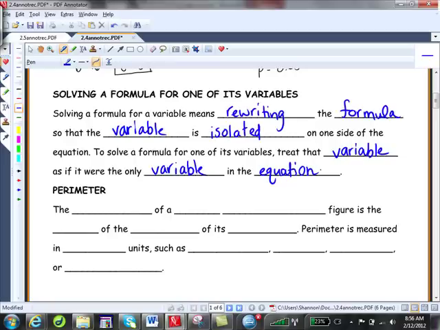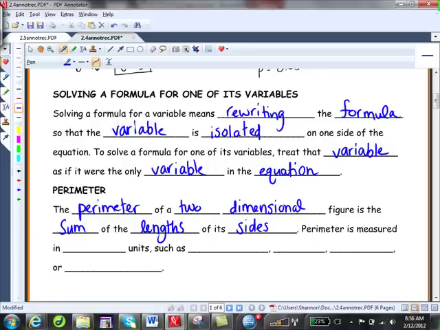Now, perimeter. The perimeter of a two-dimensional figure is the sum of the lengths of its sides.